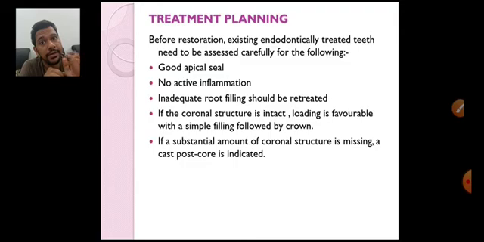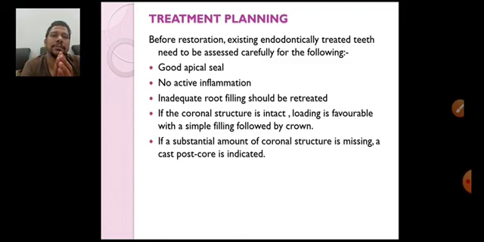Is there any perforation? All those things have to be taken care of. And if there is a good apical seal, the obturation was perfect and without any inflammation, only then should you start thinking about post and core. If there is any inadequate root canal filling, it has to be retreated and reobturated, so that it is corrected.